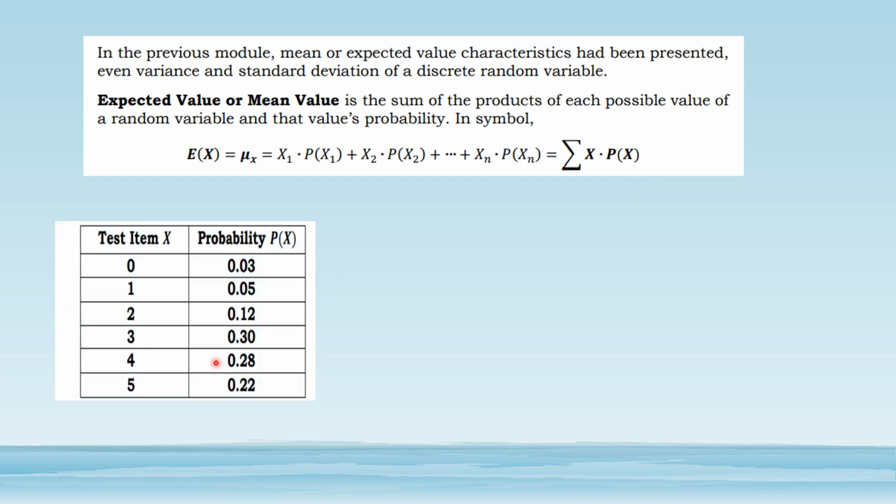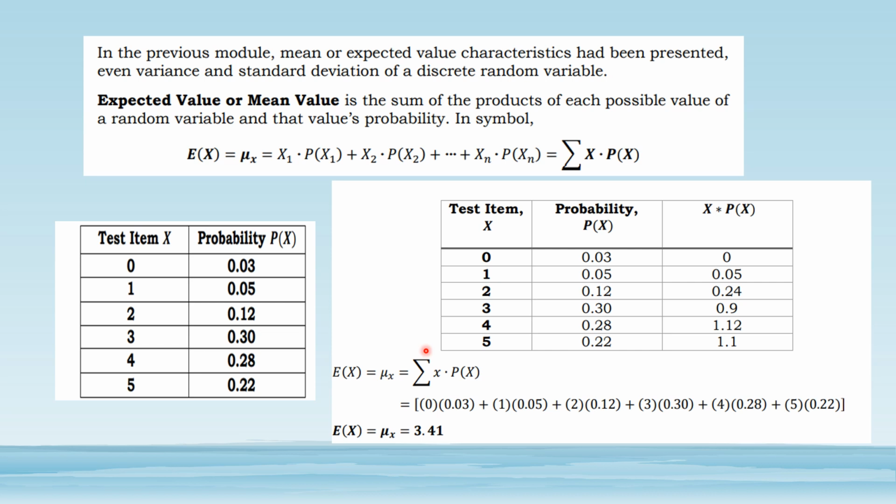Or in short, the formula for mean is equal to the summation of x times the probability of x. Using the given data in our first example, let us find the mean. For us to find the mean, we will have to follow the given formula. Mean is equal to the summation of x times probability of x.